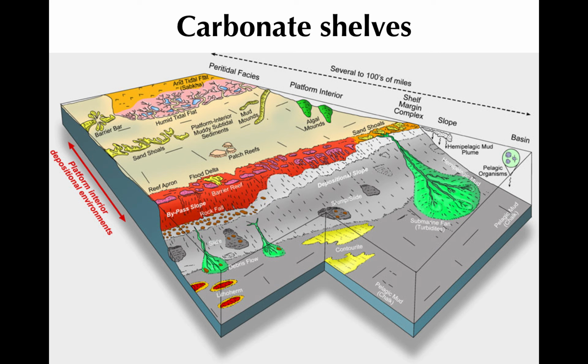Here's a model of an arid climate carbonate shelf showing where different types of carbonate features would be expected to occur. The barrier reef is a skeletal structure that occurs right on the edge of the shelf and grows up high enough to block wave energy.